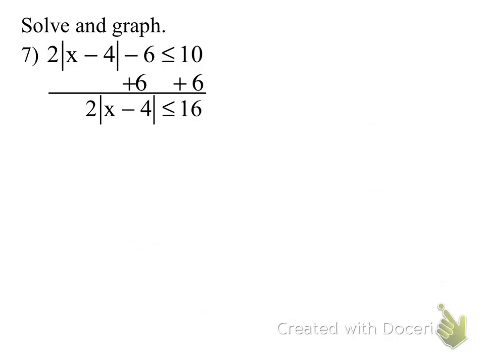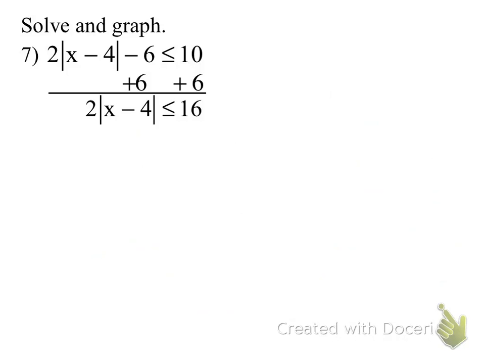Now, here's why we have to isolate our absolute value. This is the point where potentially it could switch from an intersection to a union. When would that happen? David?